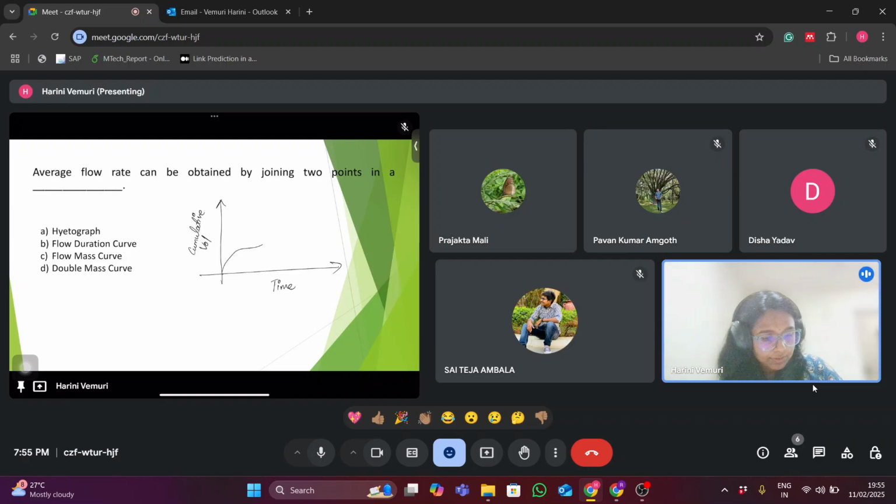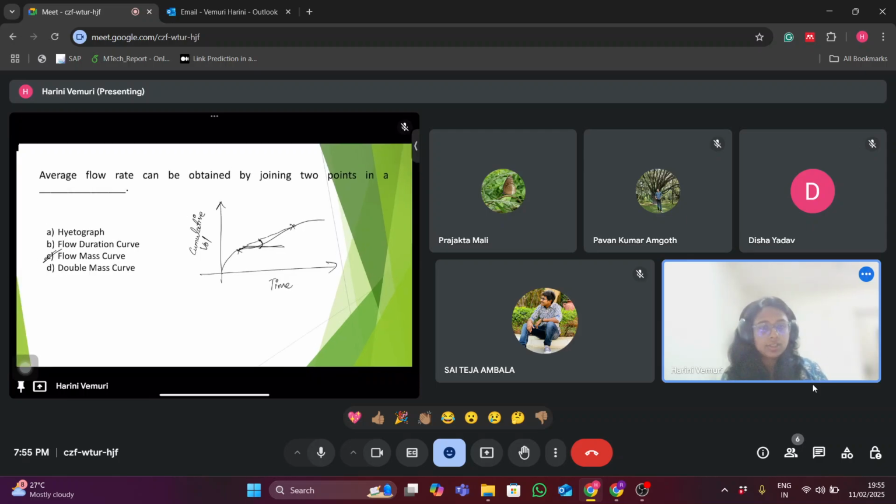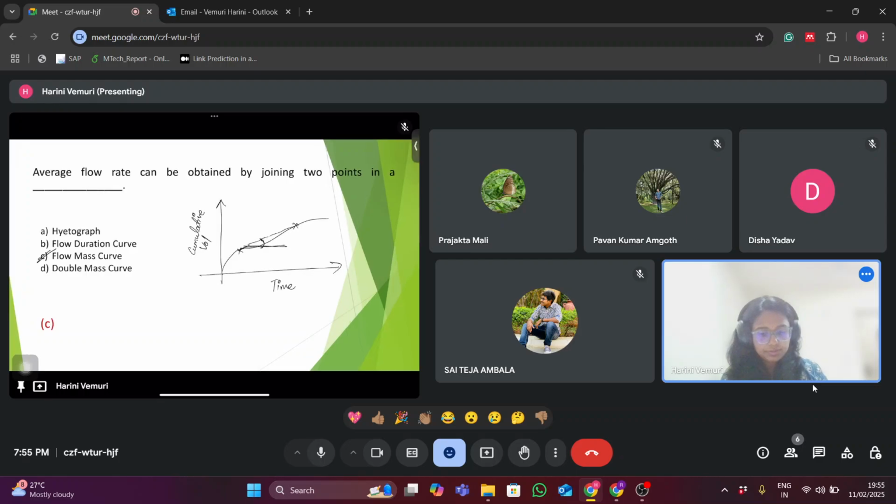So when we join 2 points and get the slope, this gives us the average flow rate. So average flow rate can be obtained by joining 2 points in a flow mass curve.